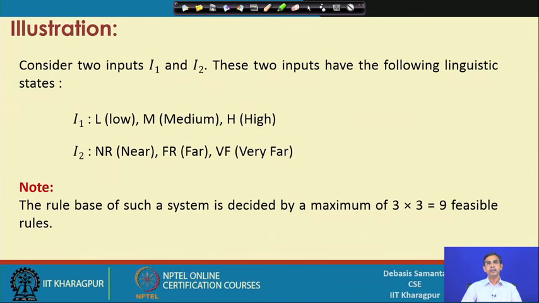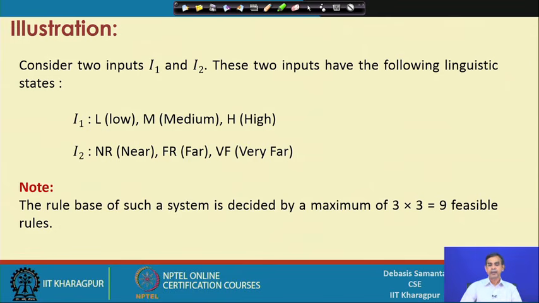Similarly, the other input I2 has three fuzzy linguistic states: near, denoted as NR, far, denoted as FR, and very far, denoted as VF. So there are three fuzzy states for the first input and three for the second input.